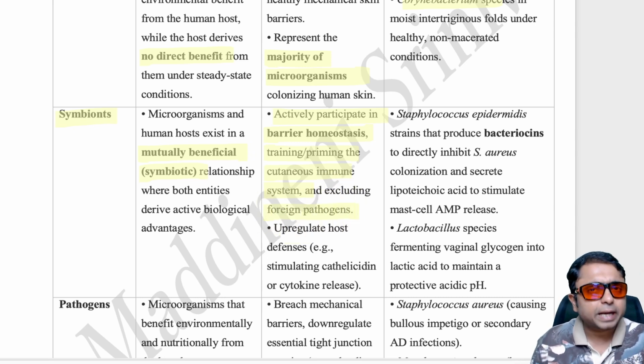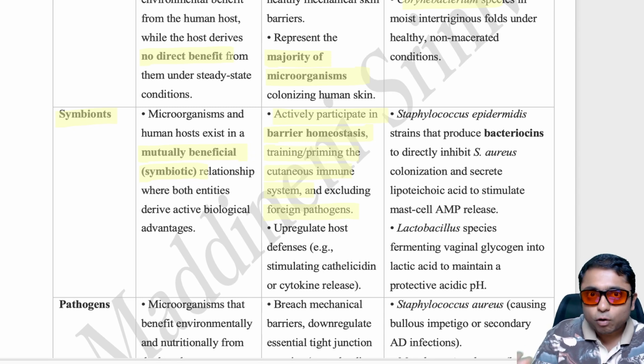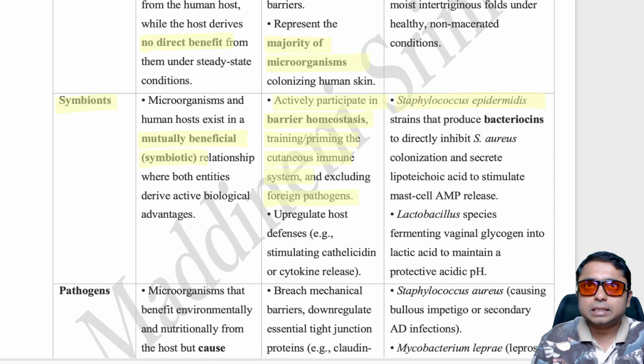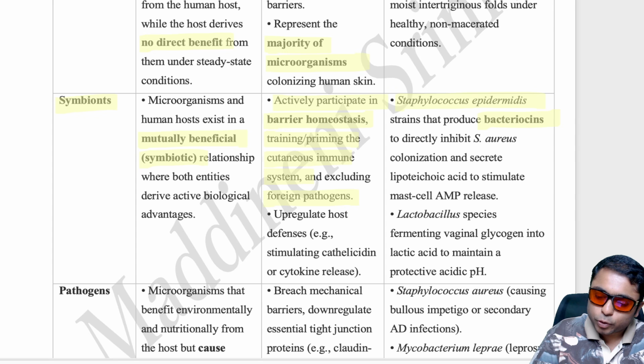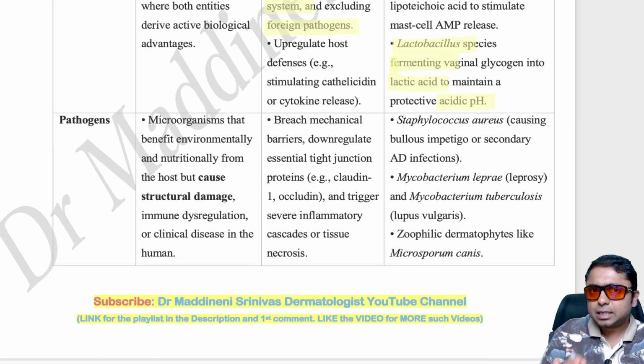There are various mechanisms by which they can exclude or kill the foreign pathogens, right? We are going to see that one by one. An example is Staphylococcus epidermidis through the AMPs which it produces, and also Lactobacillus because of the fermentation of glycogen into lactic acid, leading to the acidic pH of the vagina, right? So these are the examples for symbionts.